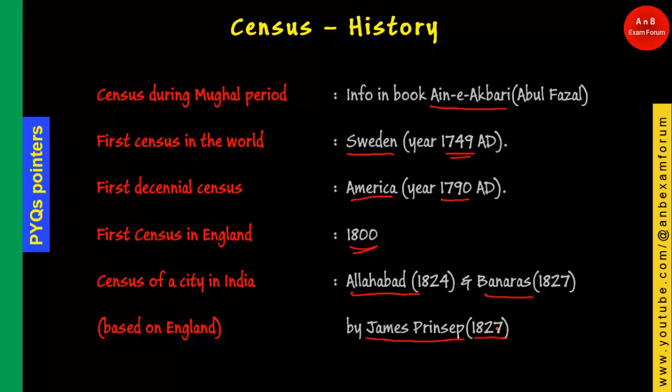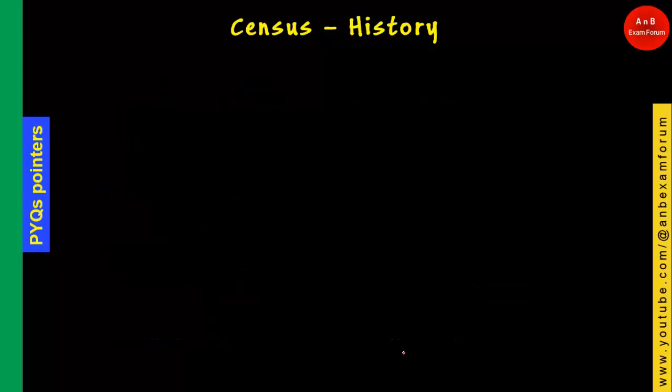So the credit goes to James Prinsep, who belongs to England, and he wanted to do the census as it was done in England. From exam point of view, you should know the first cities where census was conducted pre-independence are Allahabad and Banaras. And who conducted it? It is James Prinsep.